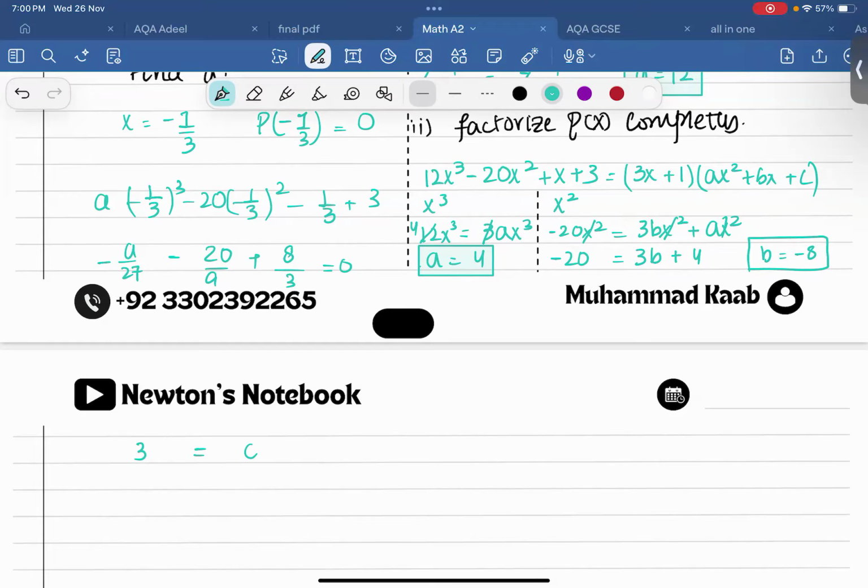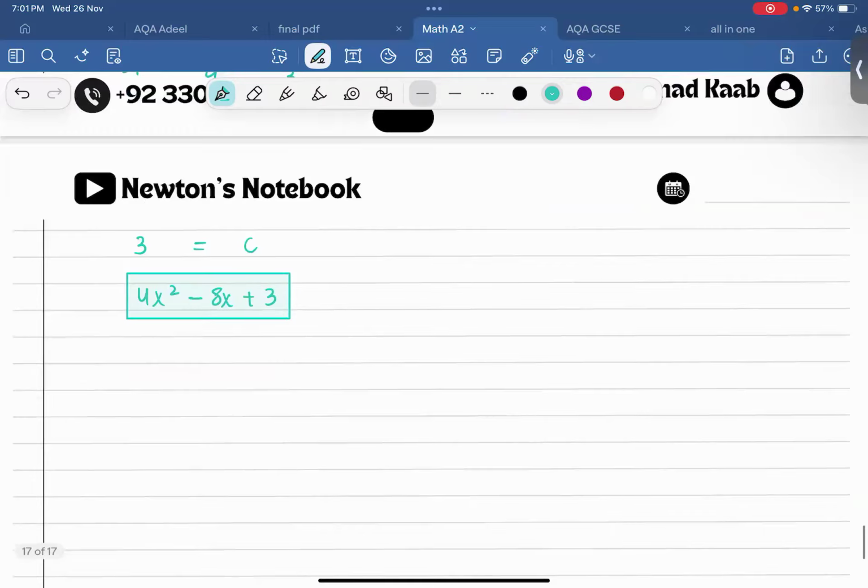The second factor is 4x squared minus 8x plus 3. If you want to factorize it further, you can just put it into the calculator and that will give you further factors: 2x minus 3 and another factor 2x minus 1.